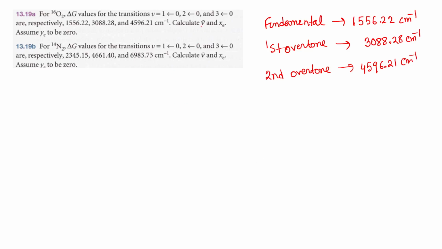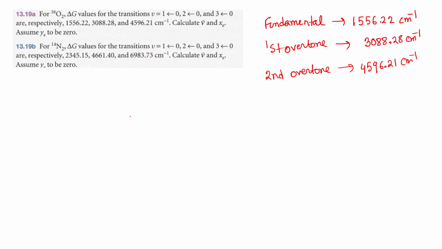We need to calculate the wave number of frequency, nu bar, and the anharmonicity constant along x. It has been written that we assume the anharmonicity constant along y is 0.